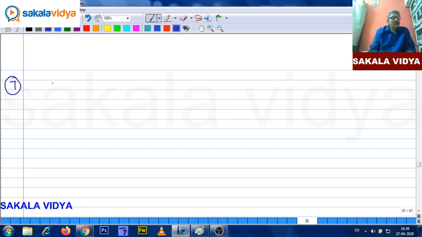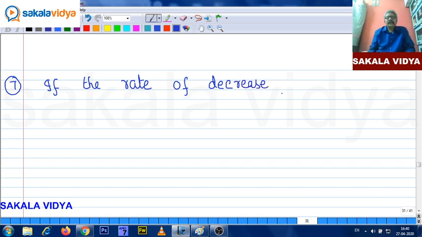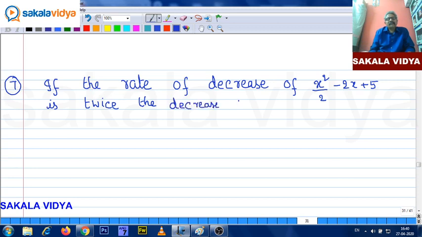Seventh question: if the rate of decrease of x square by 2 minus 2x plus 5 is twice, means 2 times, the decrease of x, that means the rate of decrease of x, then x equals the value of x.